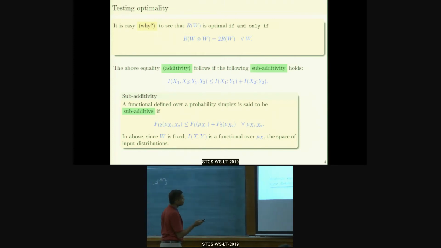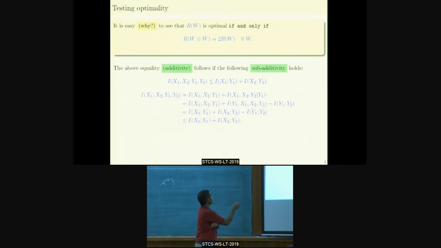Okay, now why is this true? This is true just from Markov chains. So you just do by chain rule, the first inequality follows. Then I apply chain rule again to get the second inequality. Now I know that the output y1 depends only on x1, so I can drop x2 here. I know the output y2 depends only on x2, it doesn't depend on the past, how it behaved previously. So I can drop y1 and x1.